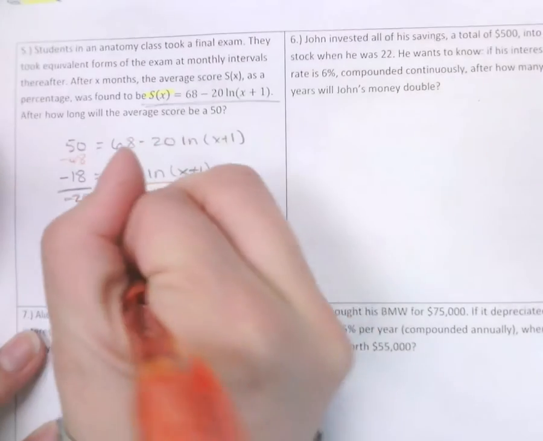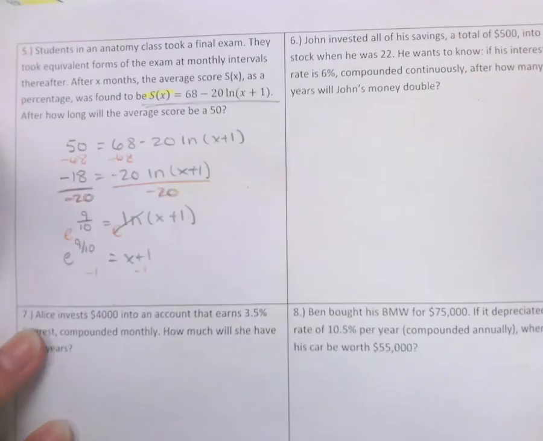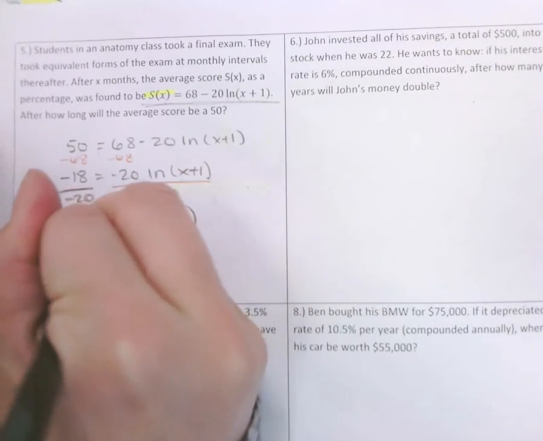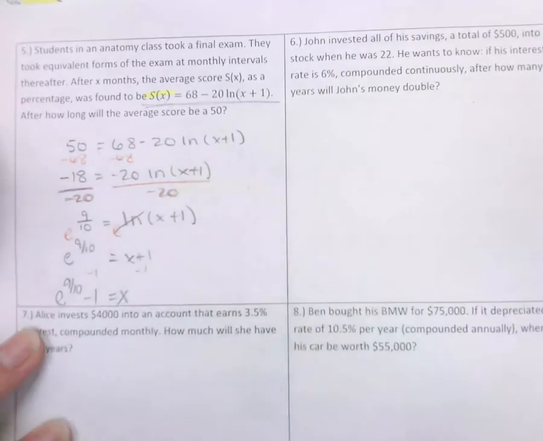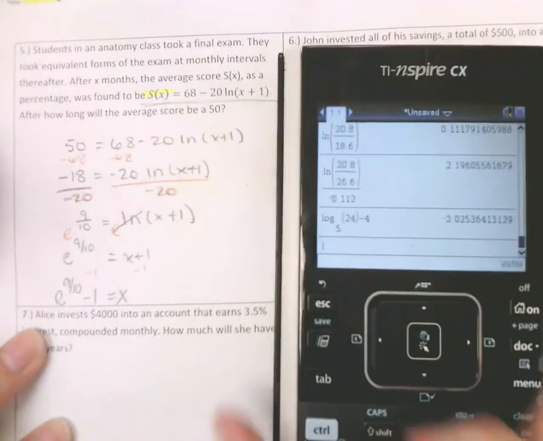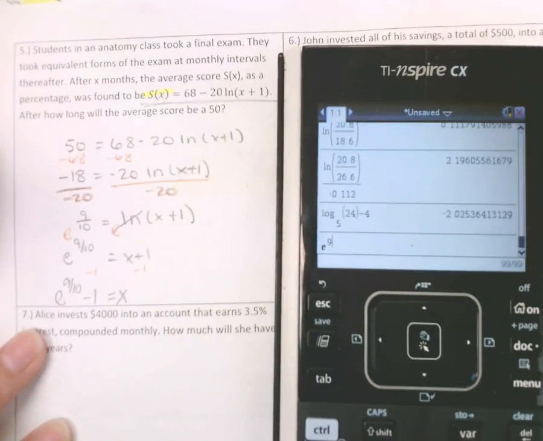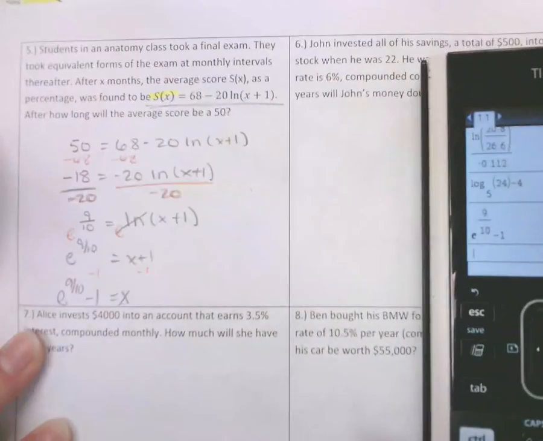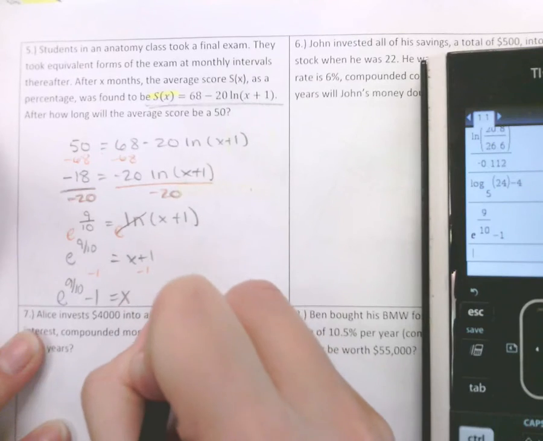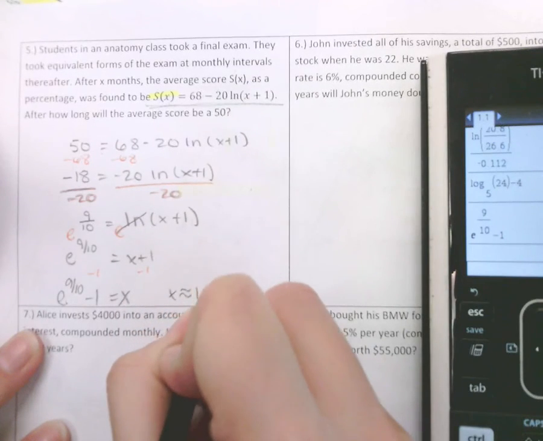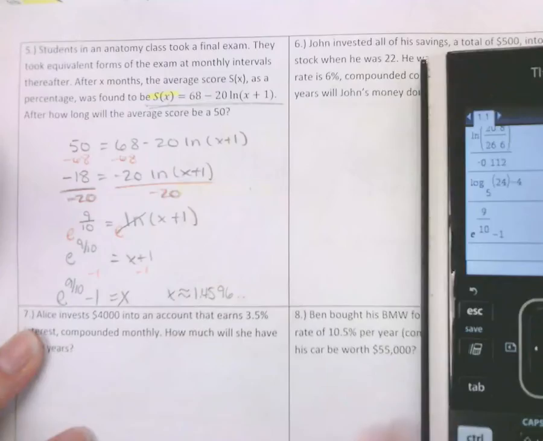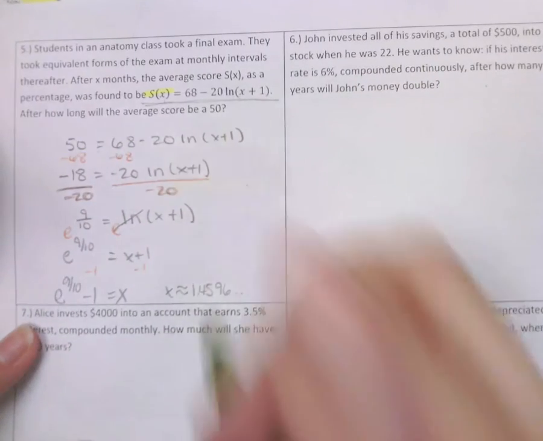Since we're solving for x, we want to subtract 1. So e to the 9/10 minus 1 is our answer. We just have to use our calculator to find out what that is. 1.4596031111. Whatever. I think I said 3 decimal places, so like 1.460.